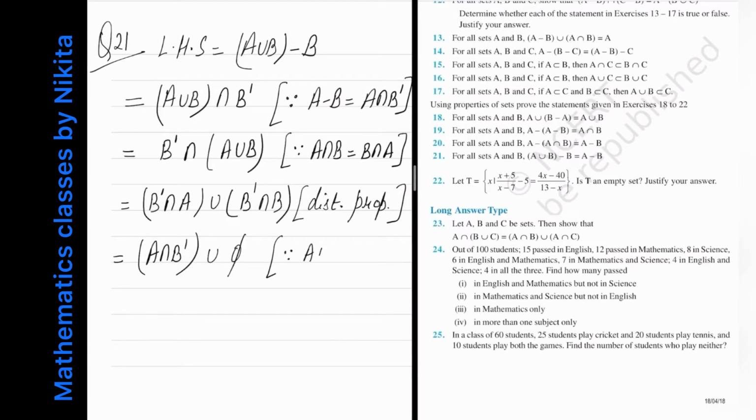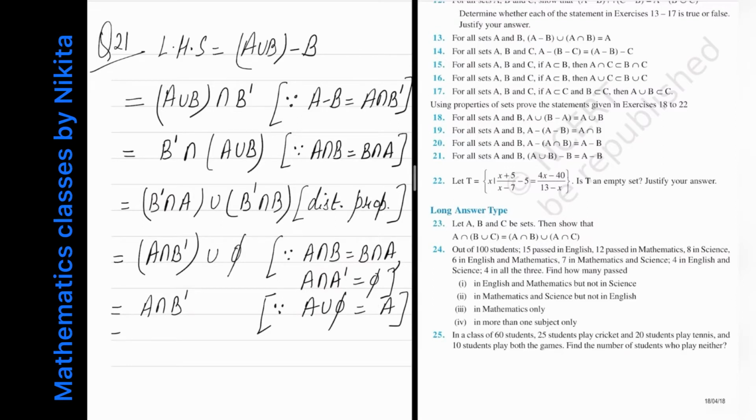First of all I have applied that A intersection B is same as B intersection A, and A intersection A complement is equal to phi, and this is equal to A intersection B complement. Here I have applied that A union phi is equal to A, and this is A minus B, which is equal to your right hand side. So therefore, hence proved.